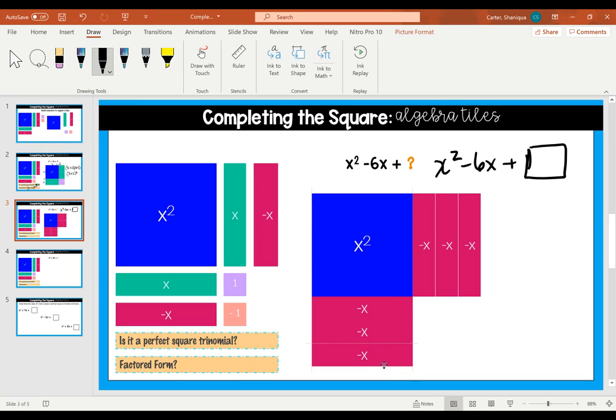All right, now they want to know, is it a perfect square trinomial? I need to see how many units I need to use down here to fill this square up.